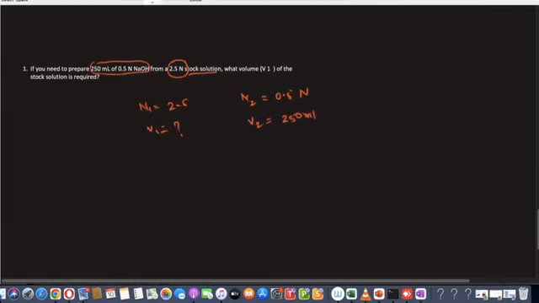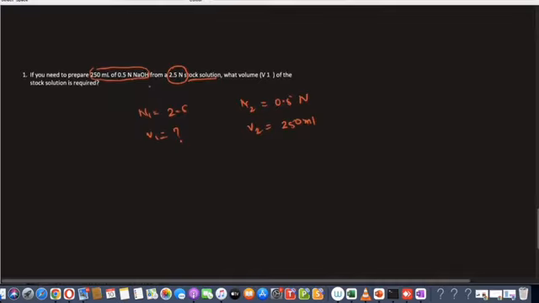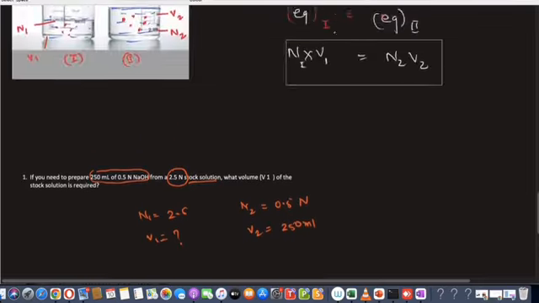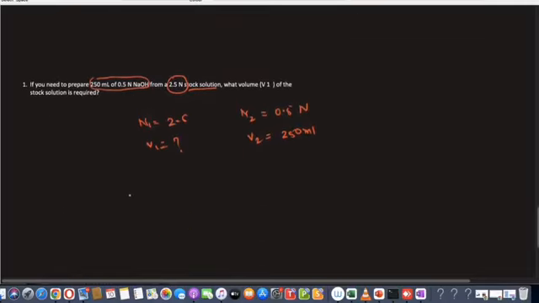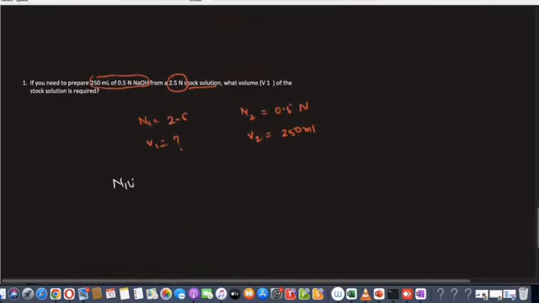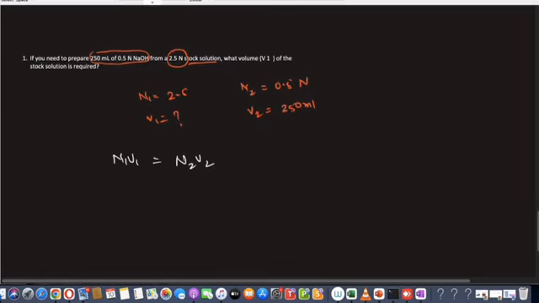So it's easy. As we add some water to this, the concentration goes from 2.5 normal down to 0.5 normal, so the concentration decreases. That means some dilution has occurred. But the number of equivalents of the solute remains the same, right? So we can use the equation N1V1 equals N2V2. N1 is 2.5, this is the stock solution.